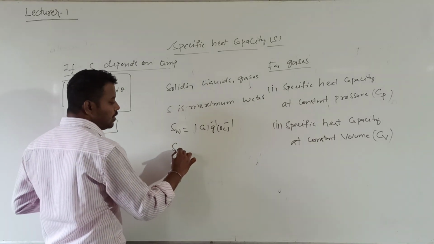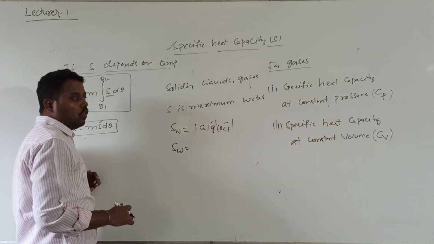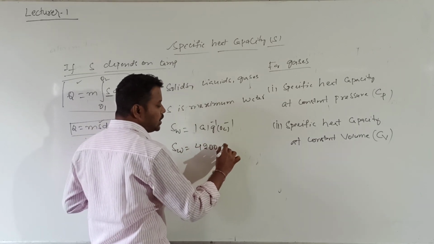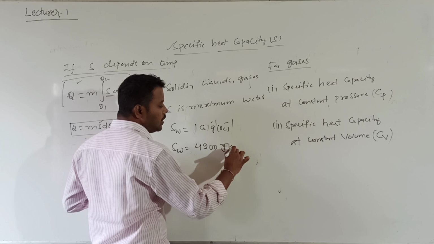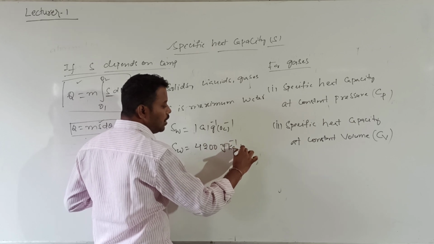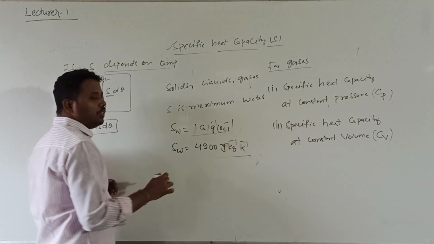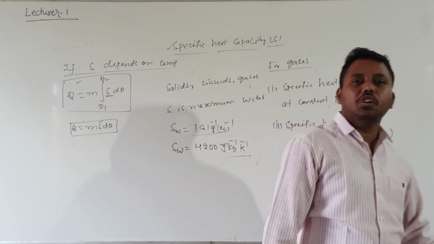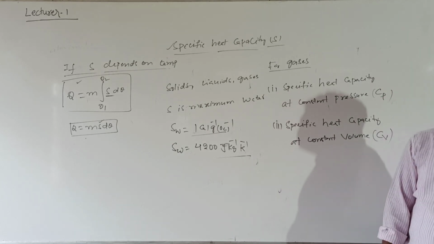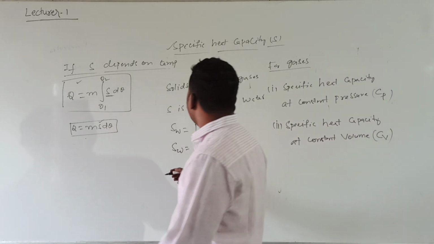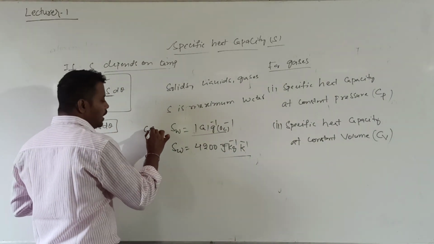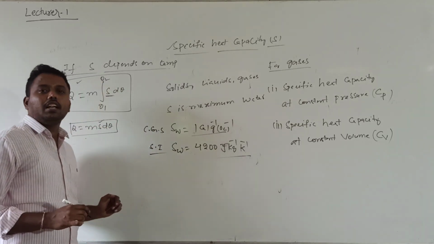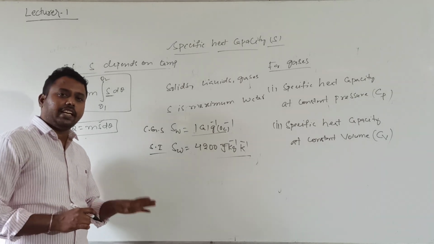Whereas in the SI system, because 1 calorie is 4.2 joules, you get 4200 joules per kg per Kelvin. You have to remember some values, especially for water, in the SI system and the CGS system. So specific heat is more for water out of the three states.